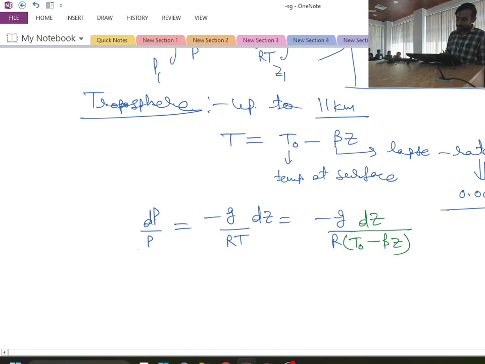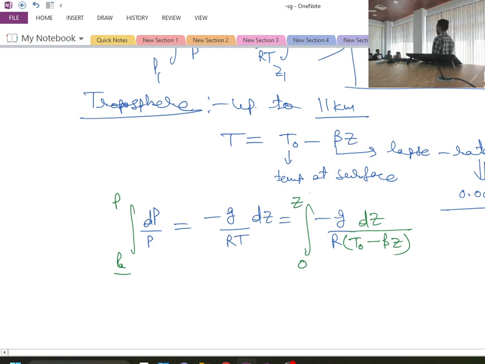Now what we have to do, we have to integrate this. So at the surface we have pressure as P atmospheric, and at any point Z distance away in elevation I will be having pressure as P. At the surface our elevation will be 0, and at any point it will be Z. Okay, so these are the limits of integration I have put over here.